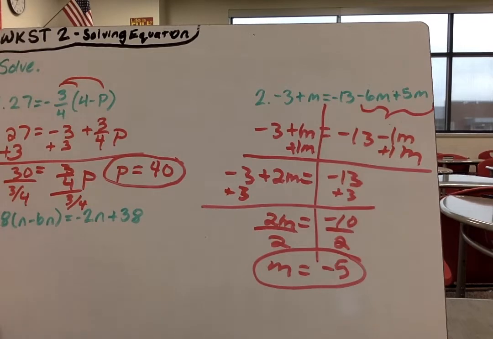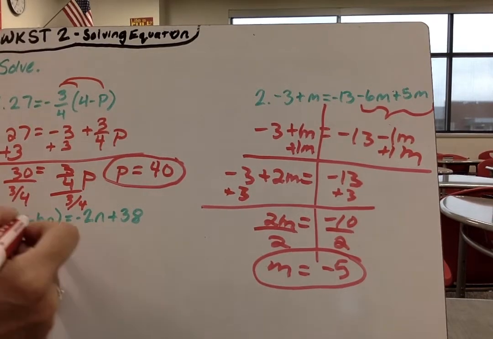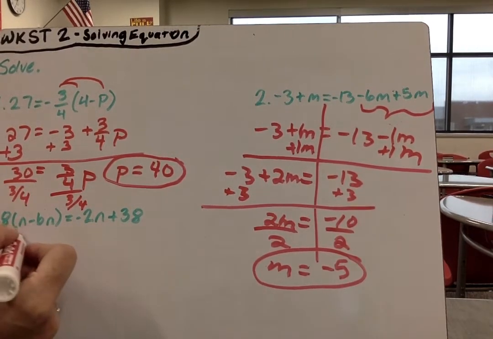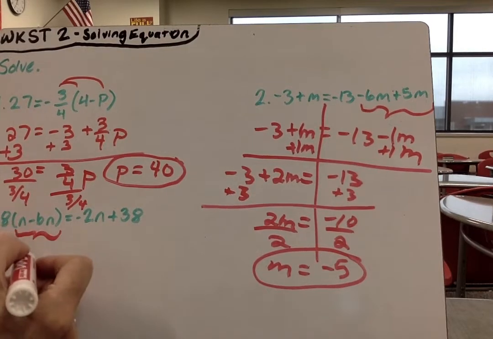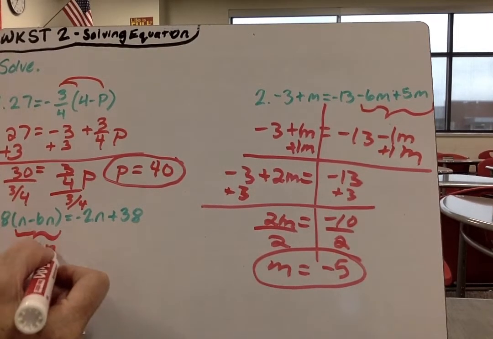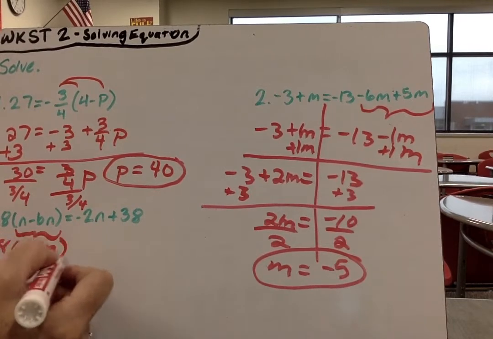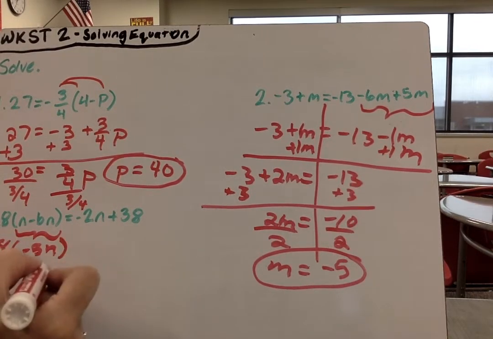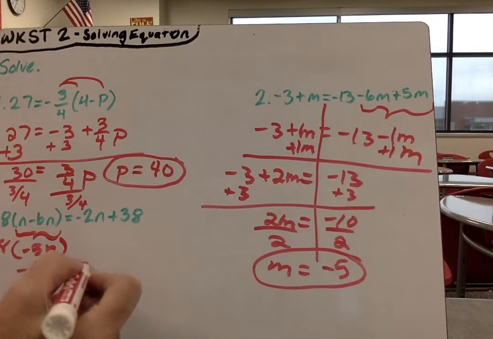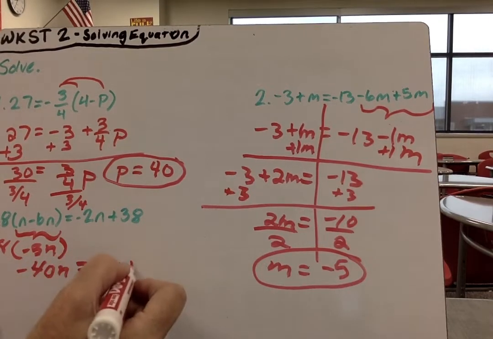Okay, number 4, we use the distribute. Actually, let's combine these like terms first. n minus 6n is -5n. Then we just have to go 8 times -5n. -40n equals -2n plus 38.